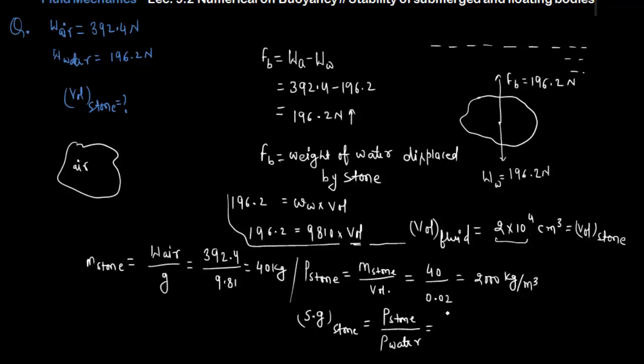So density of stone is 2000, and density of water at 4 degrees centigrade and atmospheric pressure we can say is 1000. So by the calculation we can say that this is 2. So the specific gravity of the stone is 2, means the stone is twice as dense as water. So obviously this will be submerged and will completely sink down in this water because this is twice as dense as this water here.